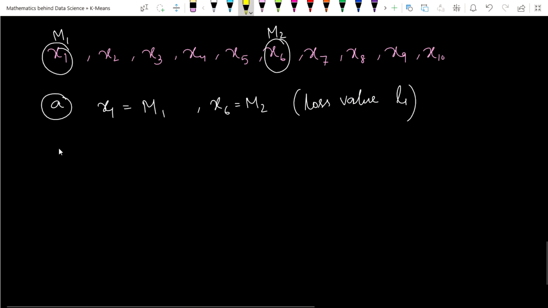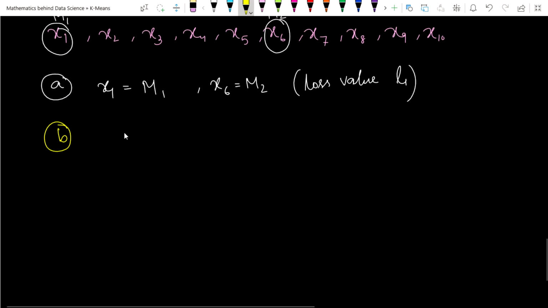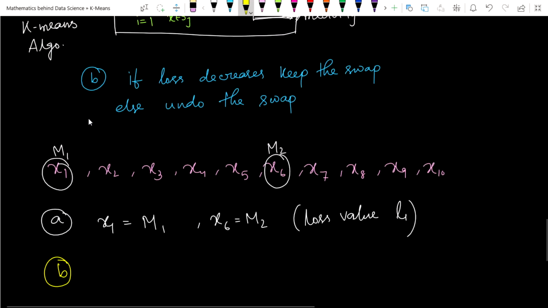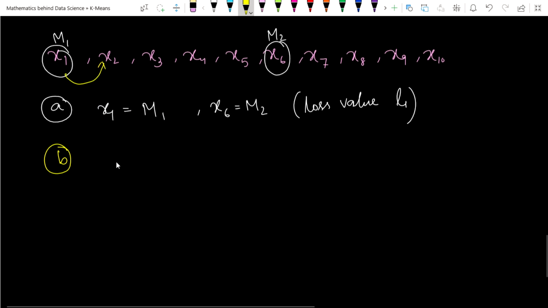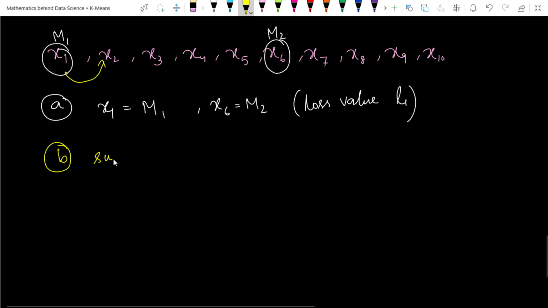Now in the second step, we will make some swaps. Suppose we make a swap with x2 as our next.